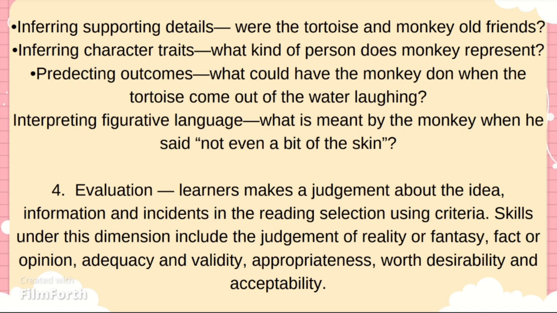Four is evaluation. In evaluation, learners make a judgment about the idea, information, and incident in the reading selection using criteria. Skills under this dimension include the judgment of reality or fantasy, facts or opinion, adequacy and validity, appropriateness, worth, desirability, and acceptability.